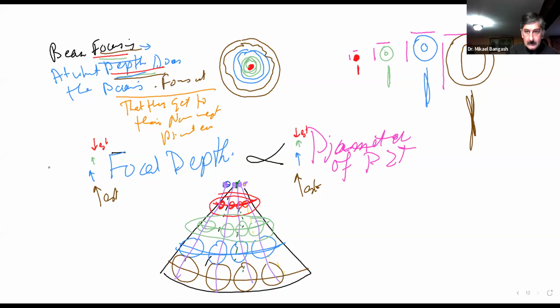This PCT will make this part of the image. And this PCT will make this part of the image. But then they are just going to be brought together.